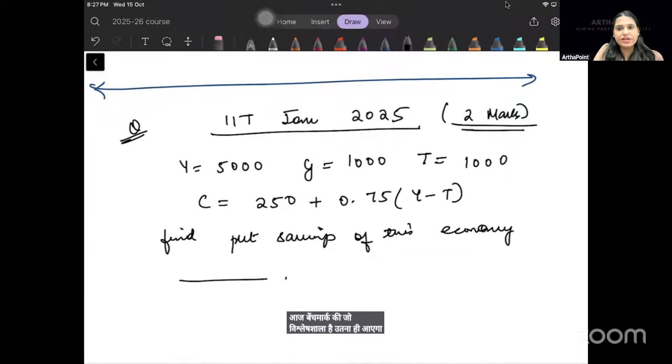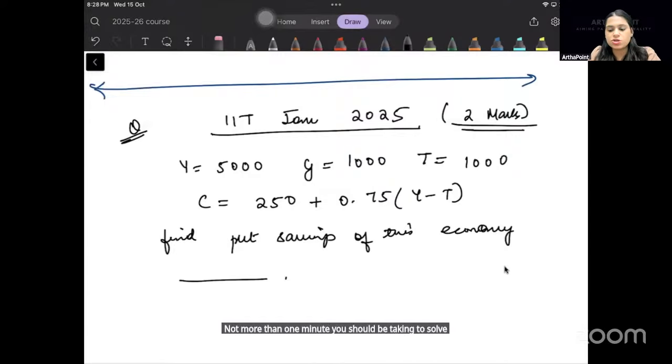But definitely we need to solve these questions first. Not more than 1 minute you should be taking to solve this question here. Very simple.